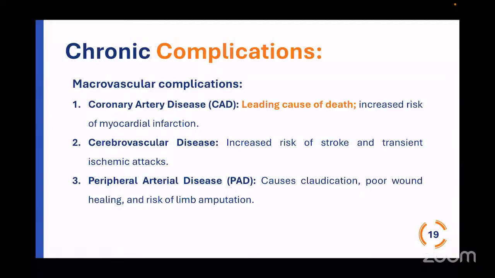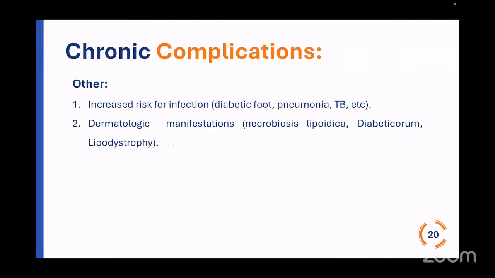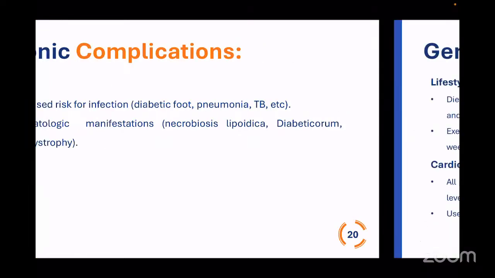And the third chronic complication is peripheral arterial disease, which can cause claudication, poor wound healing, and there's a risk of limb amputation. Other chronic complications include increased risk for infection, such as diabetic foot, pneumonia, and TB, and dermatologic manifestations, such as necrobiosis lipoidica diabeticorum and lipodystrophy.